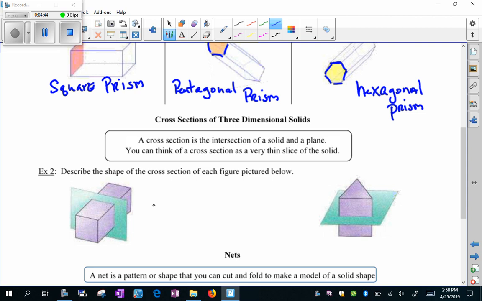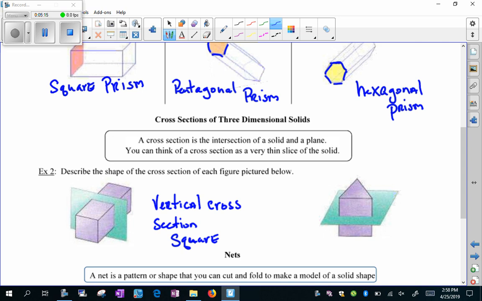First of all, I'm going to write down that it's a vertical cross-section, and the shape of that cross-section is going to be a square. We're going to do a lot more of those in class tomorrow, where it's really cool to be able to see it with GeoGebra or through the video.